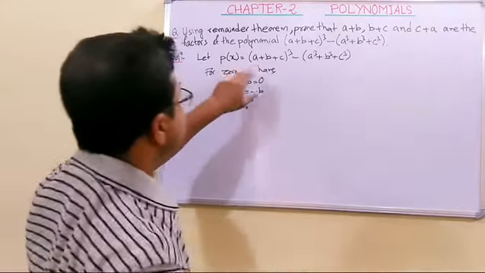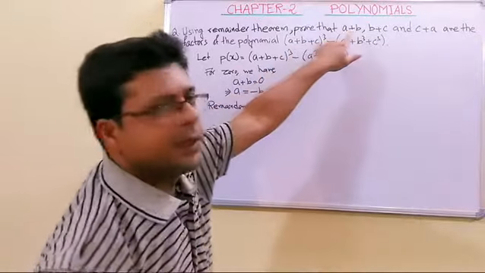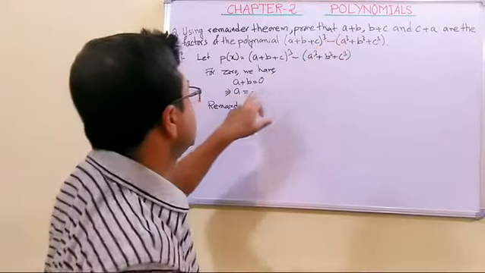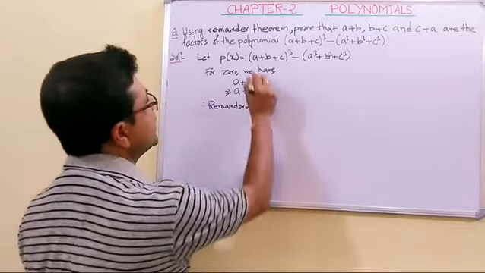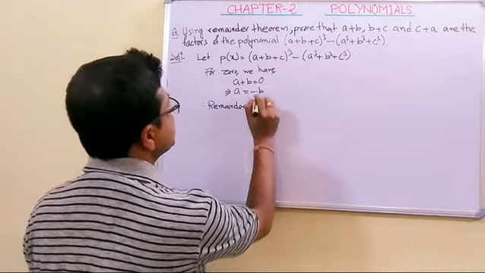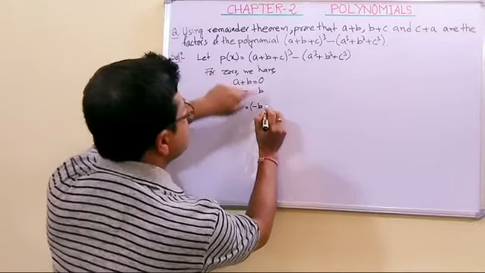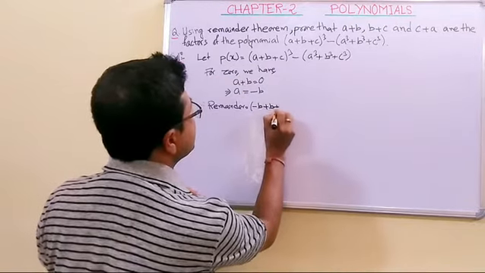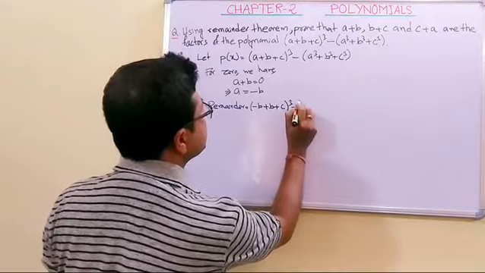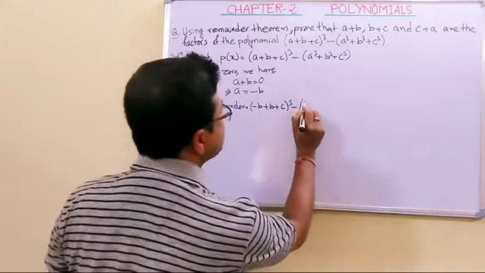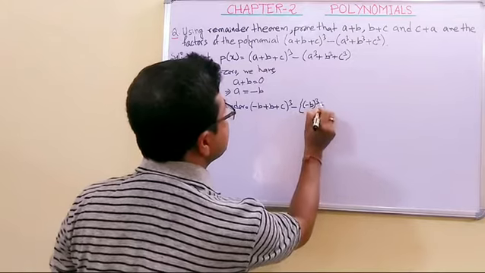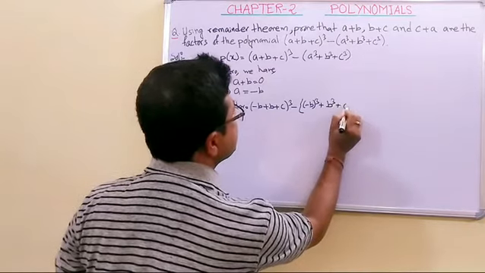If we divide this expression by a plus b, the zero of a plus b is minus b. So in place of a we shall put minus b. This is (minus b plus b plus c) whole cube minus, in place of a we are putting minus b, so minus b cube plus b cube plus c cube.